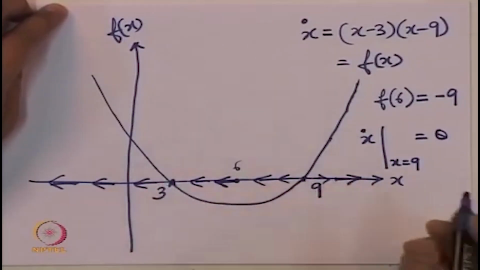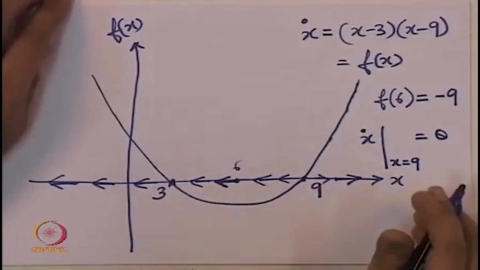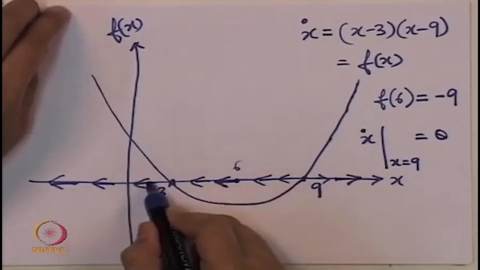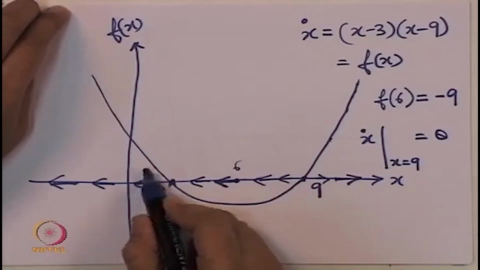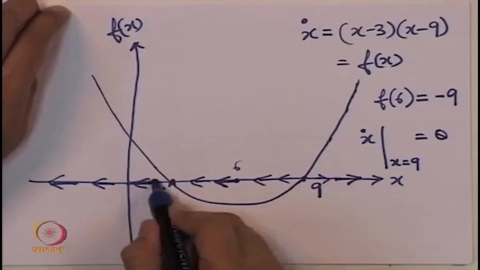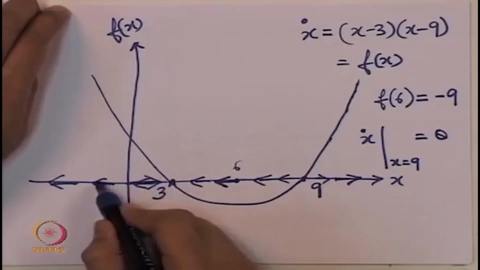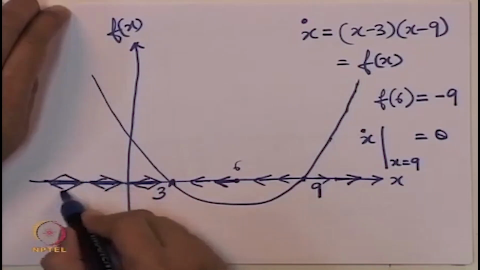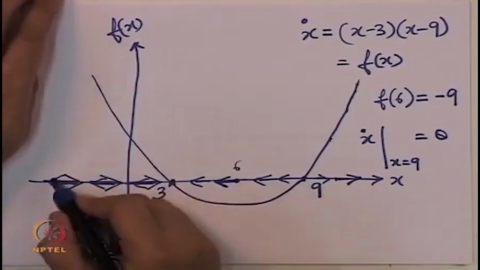Similarly, x equal to 3 is also an equilibrium point. So, as we can see, we have made a mistake here. For all these arrows for x less than 3, because f is positive, it cannot be towards decreasing direction of x. On the other hand, these directions have to be reversed, they are all towards increasing direction of x.